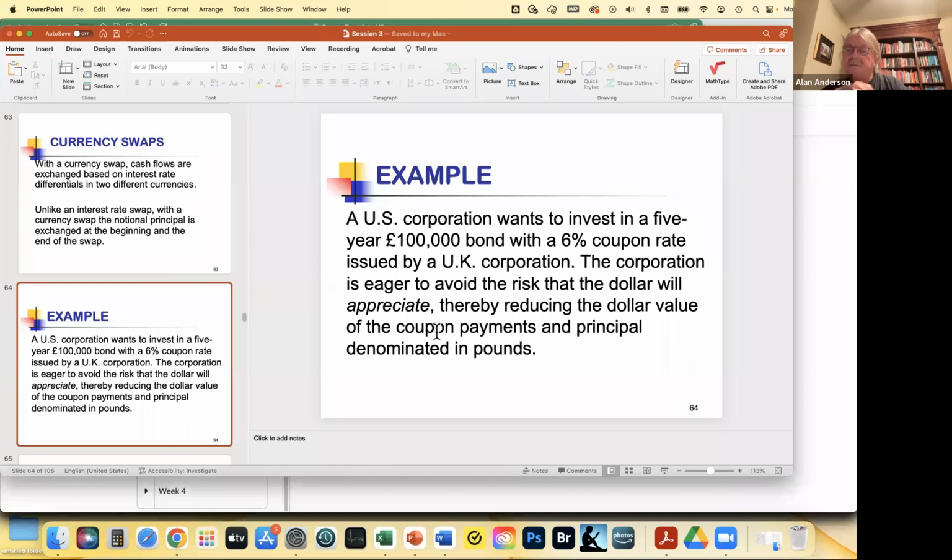So what are we going to do? What we can do is enter into a currency swap where we first trade dollars to get those pounds, and then we trade the pound denominated coupons for dollar denominated coupons. So in effect, you're trading a US dollar bond for a British pound bond.